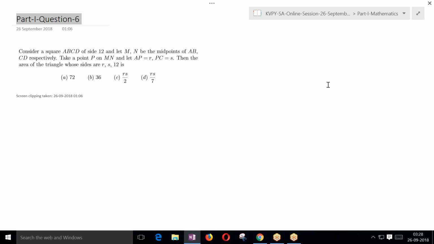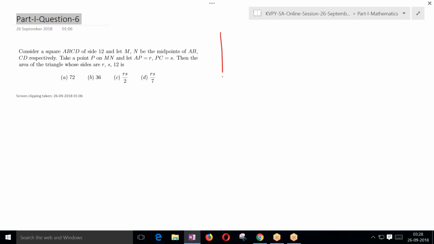Take a point P on MN and let AP equal to R and PC equal to S. Then what is the area of the triangle whose sides are R, S and 12? Let's find it out. This question is also based on the fundamentals of geometry.